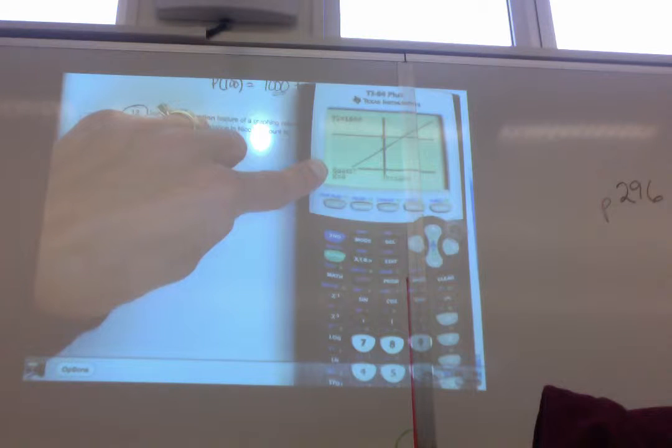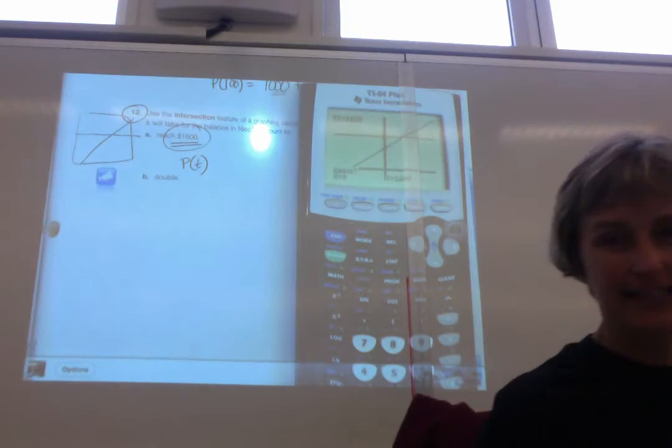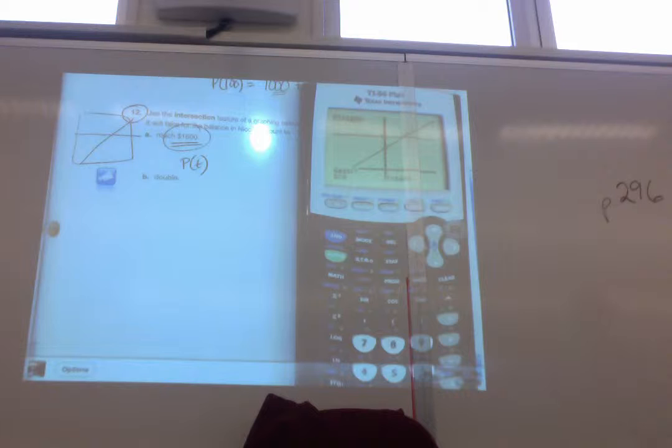Does anybody have this working? Okay, let's take a look at this. Oh, you've got to get the right functions in there. 1, 6, 0, 0, not Y1.